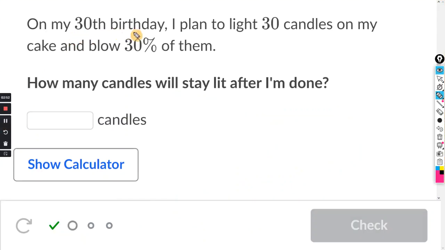On my 30th birthday, I plan to light 30 candles on my cake and blow out 30% of them. How many candles will stay lit after I'm done? Okay, well, if he's going to blow out or remove 30% of them, you start with 100% of the candles, and you're going to blow out or remove 30%.